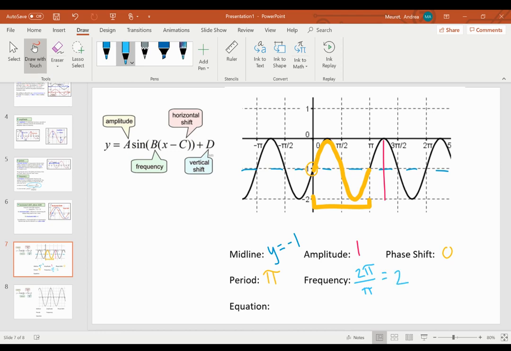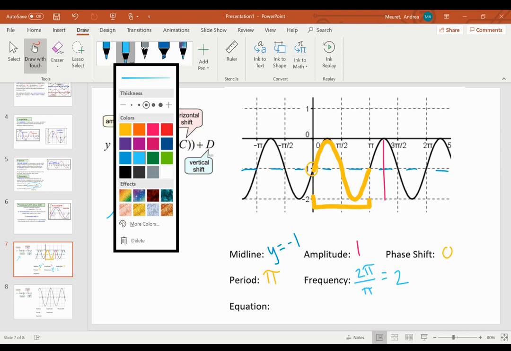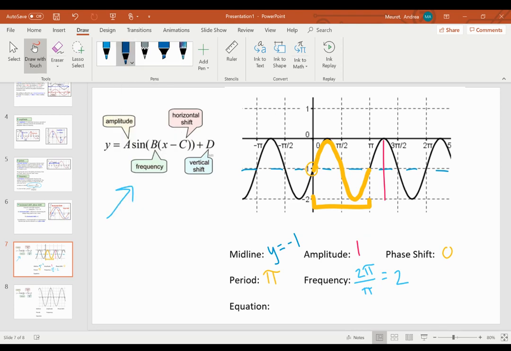So knowing what these values are, we can then use this format to write our equation. We're going to say y equals, the amplitude is 1, so I don't need to write it, and then the sine of the frequency.